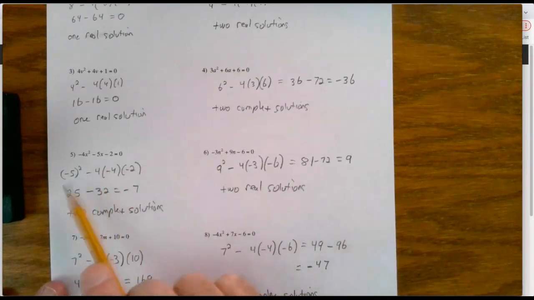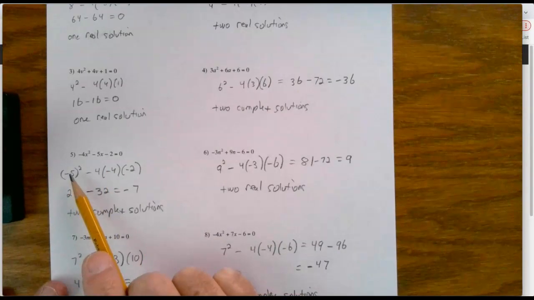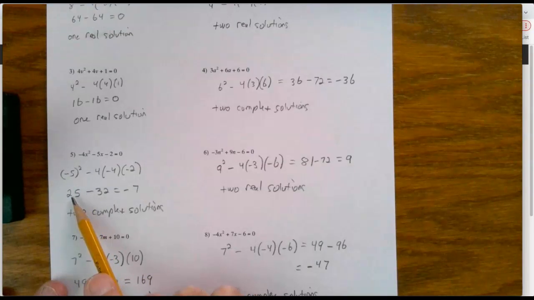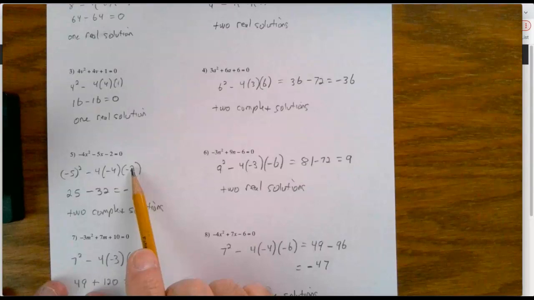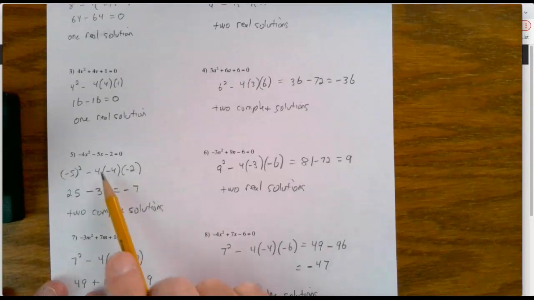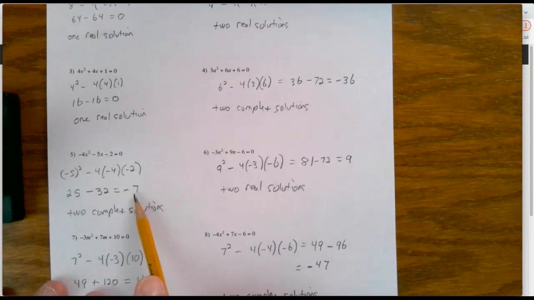Again, when I take b squared, it doesn't matter that b is negative. This first term is always going to be positive. It's b squared. It'll be positive. And we're subtracting 4ac. So be aware of that, guys. If we're subtracting a larger number, we end up with a negative number. So we have two complex solutions.